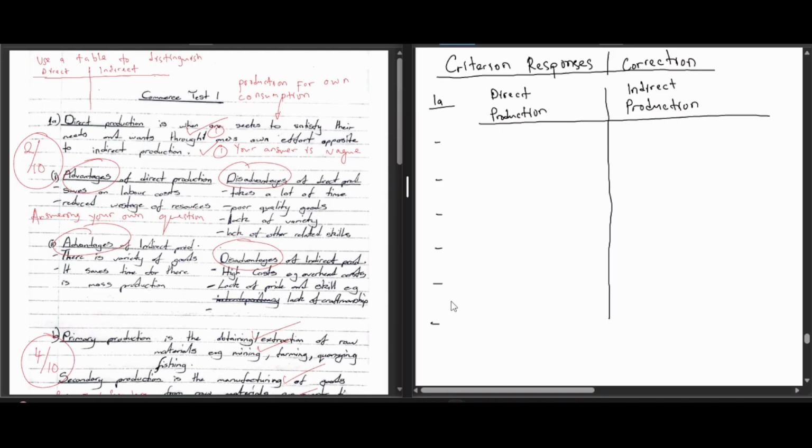Then in most cases the first difference, to note the differences, is usually due to the definition. So if you know the definition of direct production, you can just write it simply, like production for own consumption.